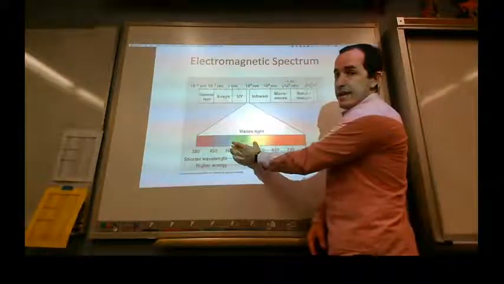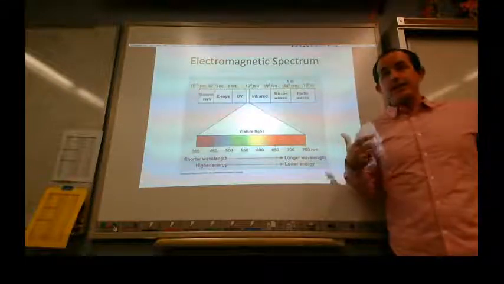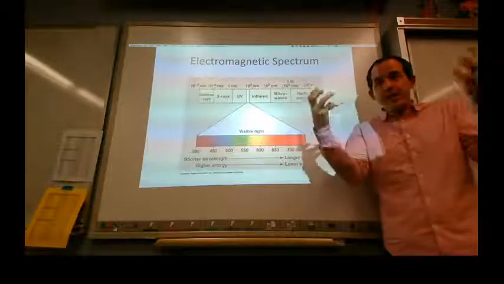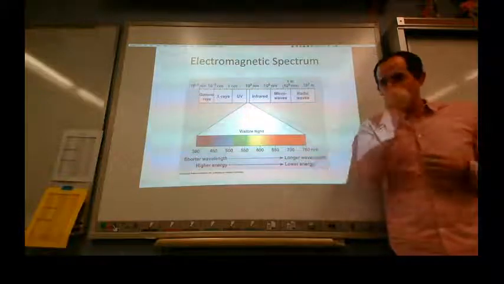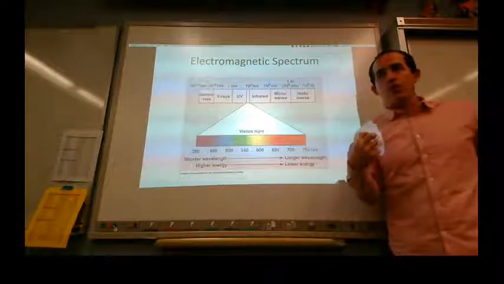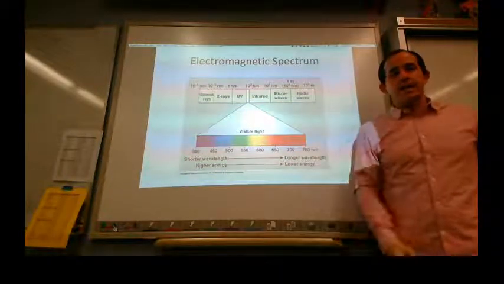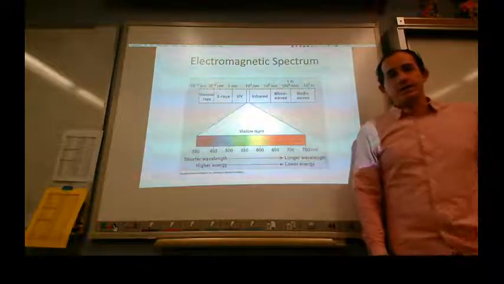And this stuff right smack dab in the middle, the green light for most plants, is being reflected. That's why we see green when we look at plants. The rest of these colors, the rest of this light energy, is being absorbed and used by the plants, but the green is being reflected. Okay?